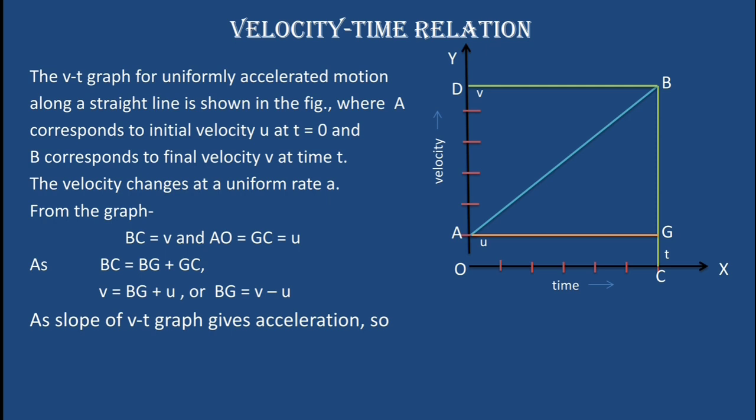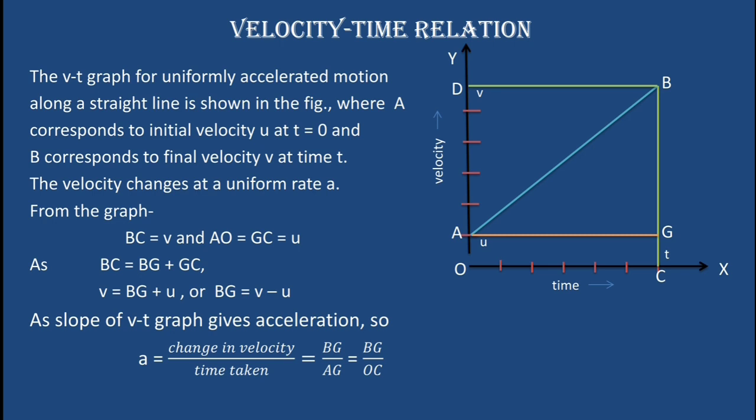And we know that when perpendicular is divided by base, it gives us the value of slope for that graph. So we can write A is equal to change in velocity upon time taken, which is equal to slope BG upon AG. Again AG is equal to OC, so it can be written as BG upon OC.